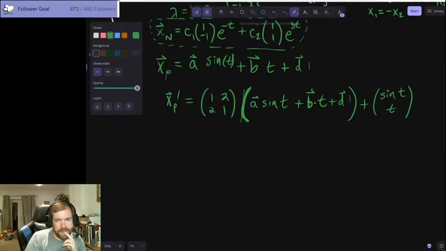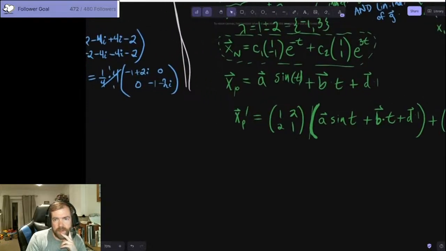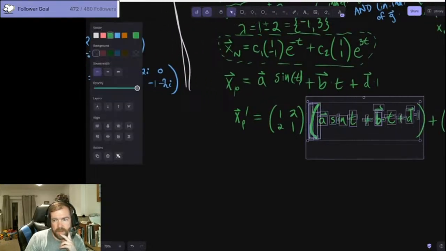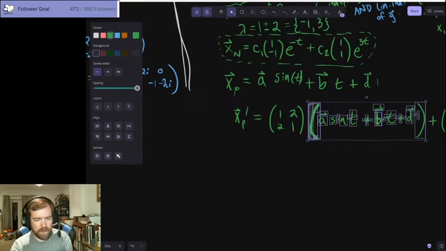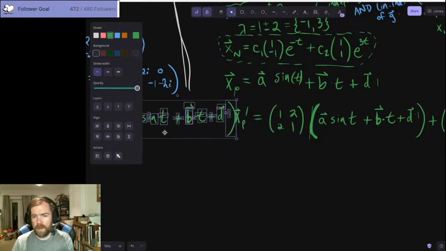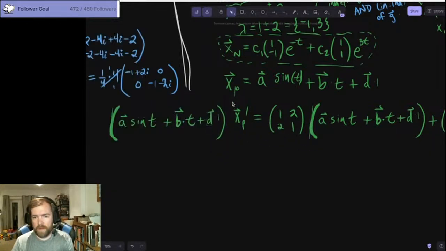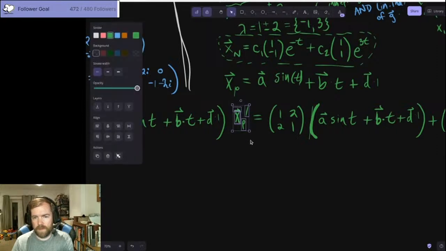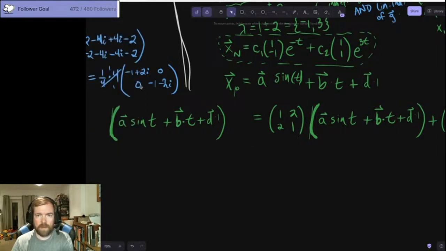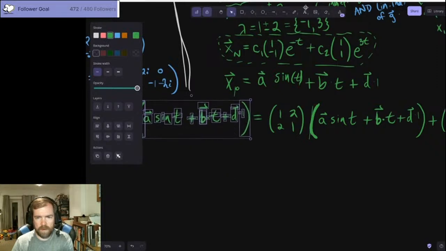Alright, then x sub p is going to be this exact same thing again. That's not what I want. Right, take this, get rid of that, and then move this one over. A prime.